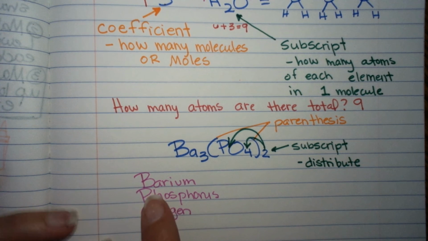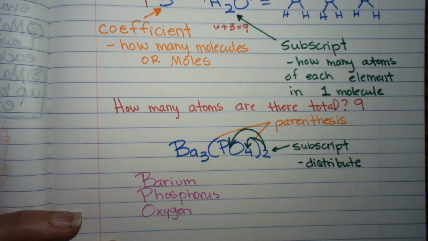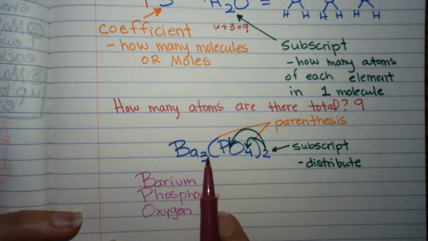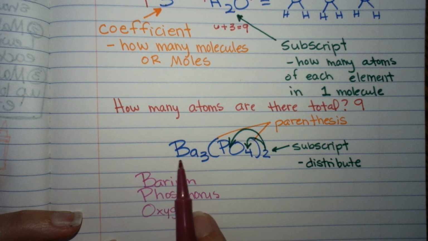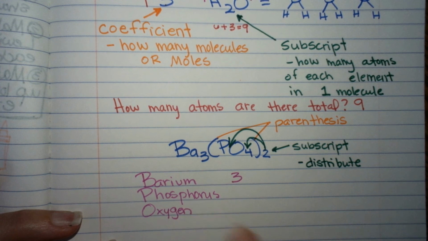Show me on your fingers, how many atoms of barium are there in this molecule? Well, ask yourself, what's the subscript? There's a 3 on the barium. Barium is not inside the parentheses, and there's no coefficient. So we have 3. Phosphorus is a little trickier.